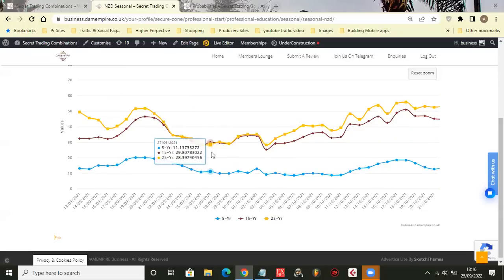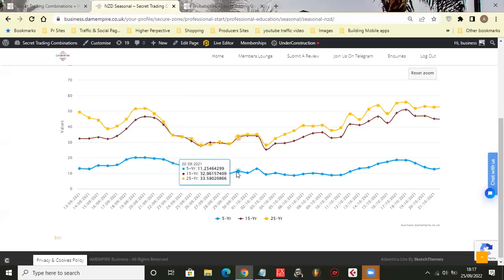Well, not long after, the 15 and the 5 years dropped, and then they kicked back up. Well, ideally, by the 30th, the 25 years and the 15 years are saying long, right? And the 5 years is actually looking like a consolidation. It doesn't really move that much from around here.